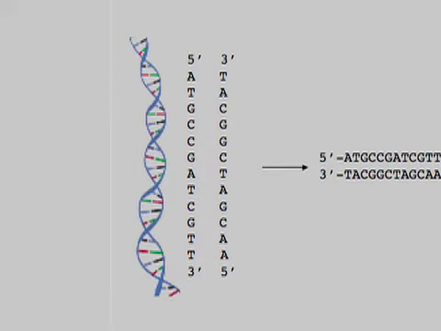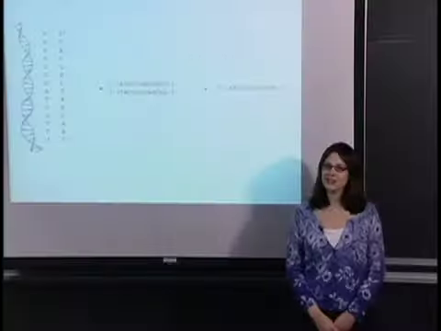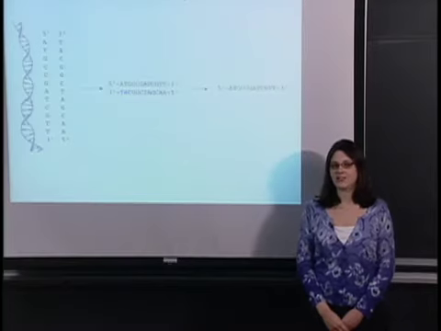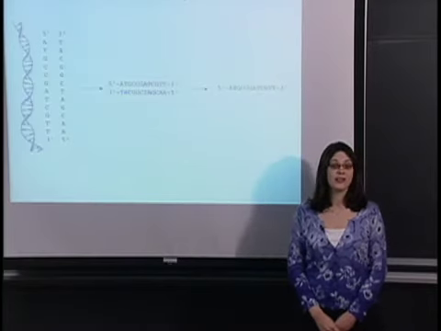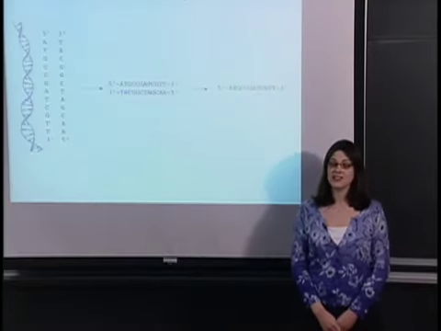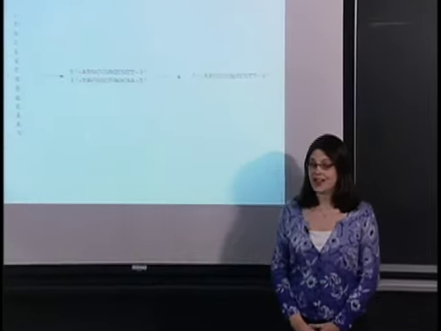So we write one strand on the left and one strand on the right. The other things you should remember about DNA for this lesson are that it's made up of 4 letters, A, T, G, and C. And whenever you find an A on one strand, there's a T on the other strand in that position. And whenever you find a G on one strand, there's a C on the other strand in that position. And so that's how we write a DNA sequence.